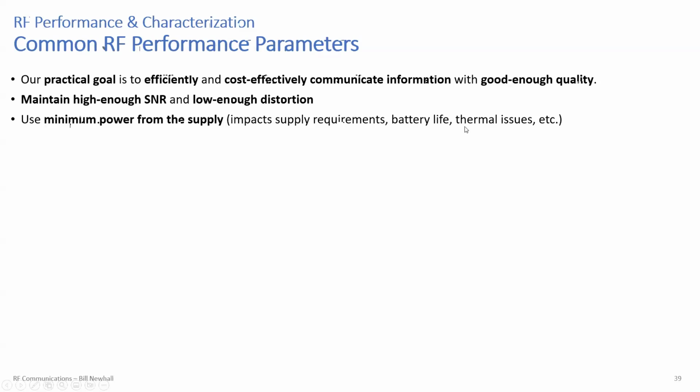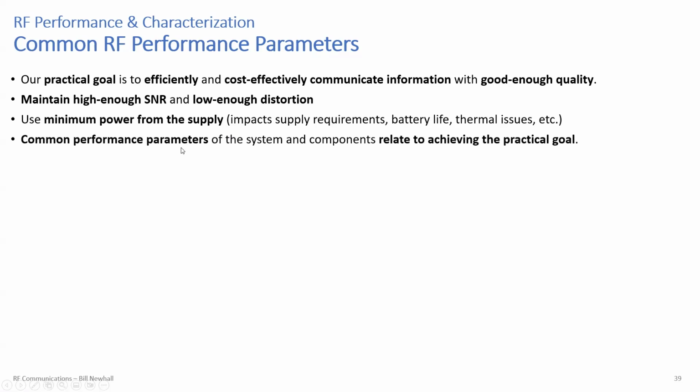And RF amplifiers typically have an efficiency, which depends on the type of amplifier and the type of waveform, but you could be looking at 15 to 40% efficiency. It varies depending upon the system, but that means there's a lot of power going into heat. So you could have thermal issues if you try to transmit more power than is actually needed, and that's going to affect your mechanical design.